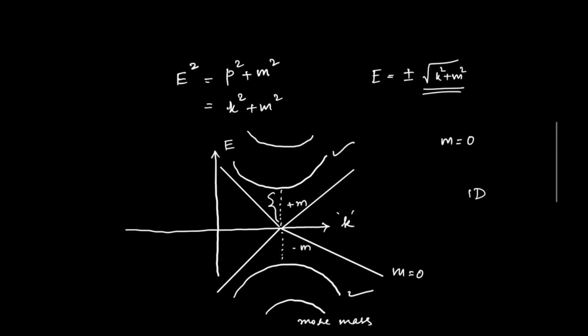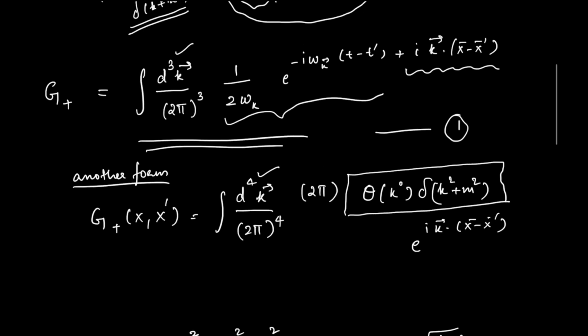That is the function of this Dirac delta. So that is how you get this form. Here this theta of k naught represents the complex coefficient of the 4 momentum, and this Dirac delta is used to select out the momenta that are on shell.